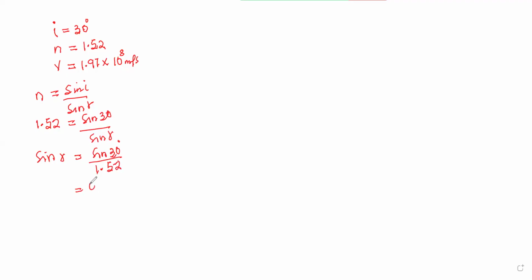Sine 30 is 0.5 divided by 1.52. And what is 0.5 divided by 1.52?